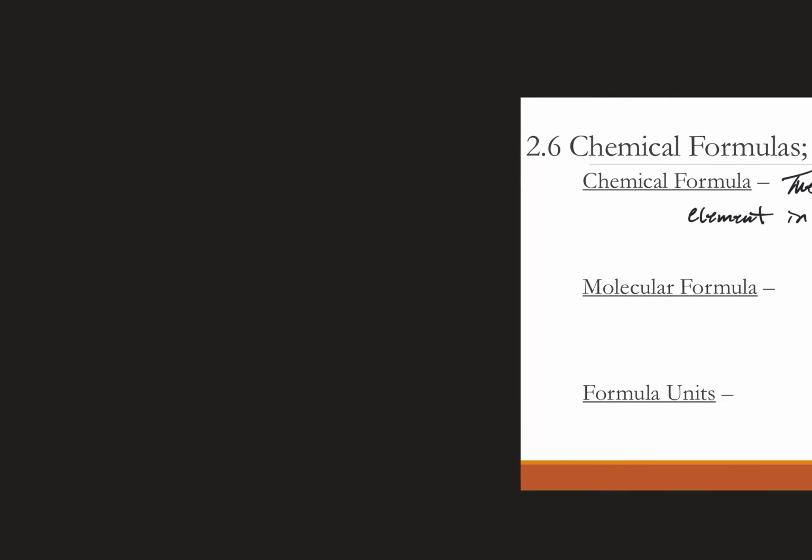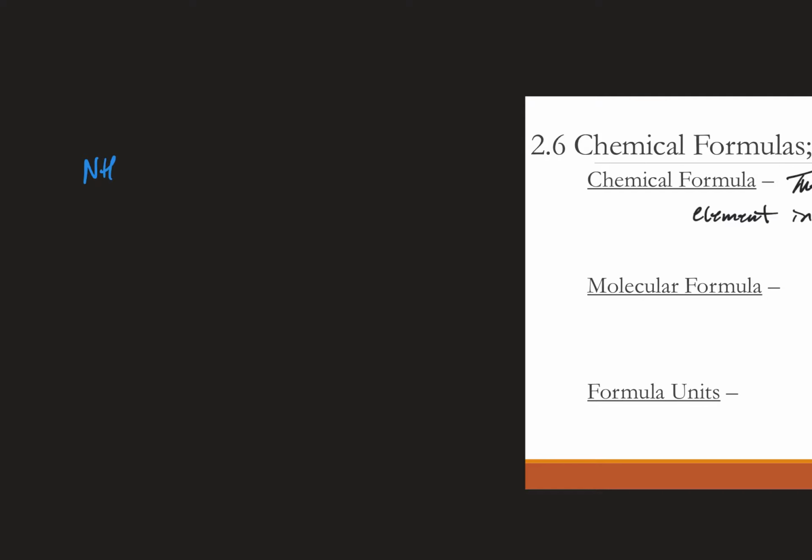You could have another example, just thinking here, where you have ammonium carbonate or something. That could be a compound where there's 2 ammoniums. The 2 here is going to tell you there's 2 nitrogens, and there's 2 times 4 hydrogens for 8.